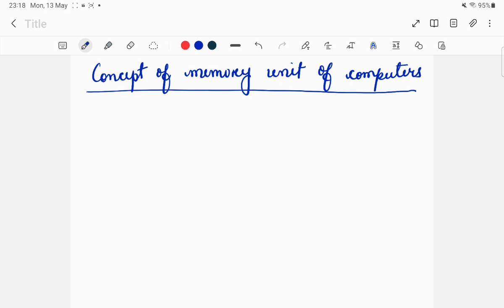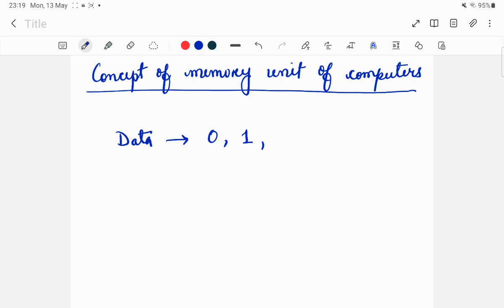So a computer needs information in order to execute something. The digital information, and obviously we can't give the information in our language, we need to give it in digital form only. That digital information is what we basically call data, and it is made up of either 0 or 1, or a combination of zeros and ones, which can be a binary sequence.